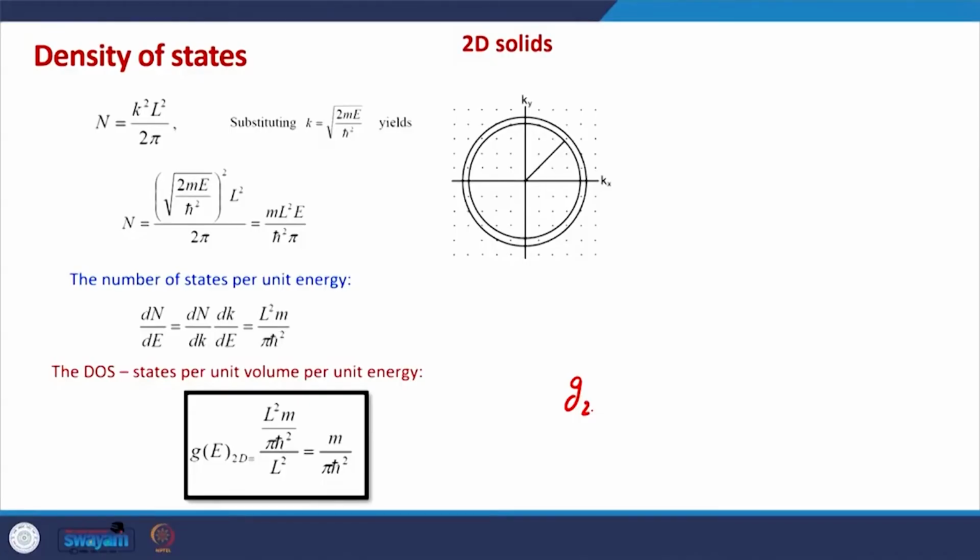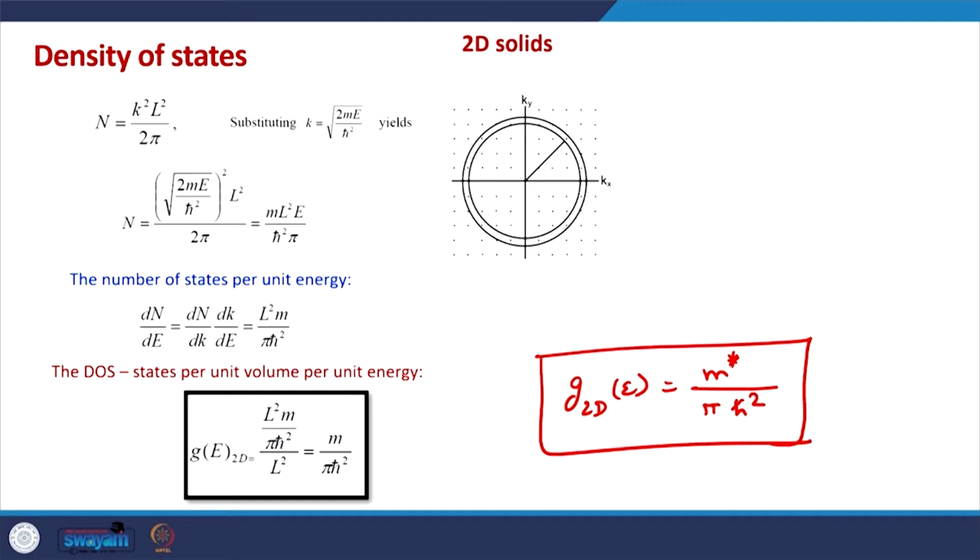We are assuming a parabolic band structure, so this m star is a constant, pi is a constant, h bar is also a constant. So, this G2D(E) expression is essentially a constant: G2D(E) is m star divided by pi h bar square.